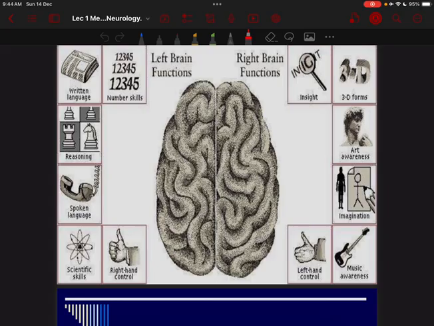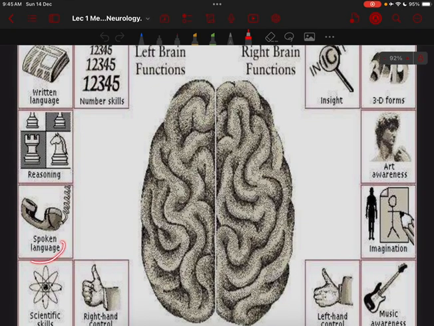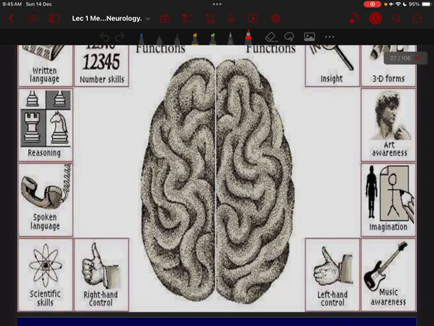For example, the left side has many functions: calculation and number skills, written language, reasoning, spoken language, scientific skills, and the most important is the right hand control. Most of us are right-handed because the center of right hand control is in the left cerebral cortex. You will see later on.